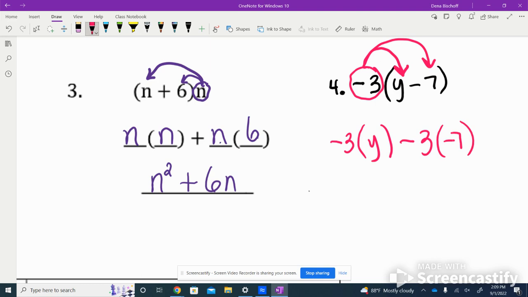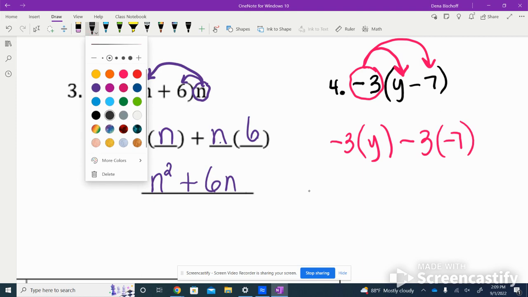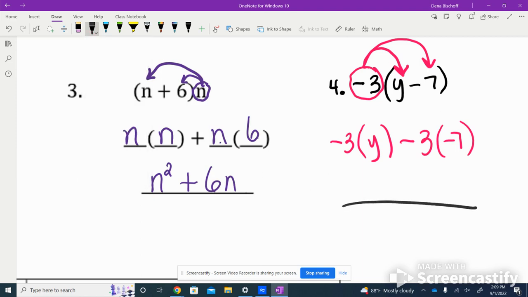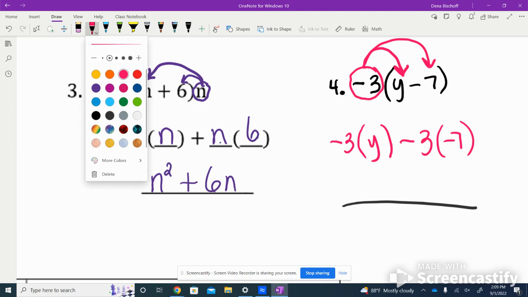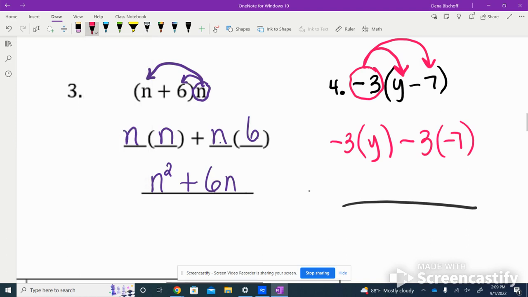So when I simplify this, what is -3 times y? -3y. And what is -3 times -7? That's when you add them. We're multiplying. A negative times a negative is a positive 21. Okay.